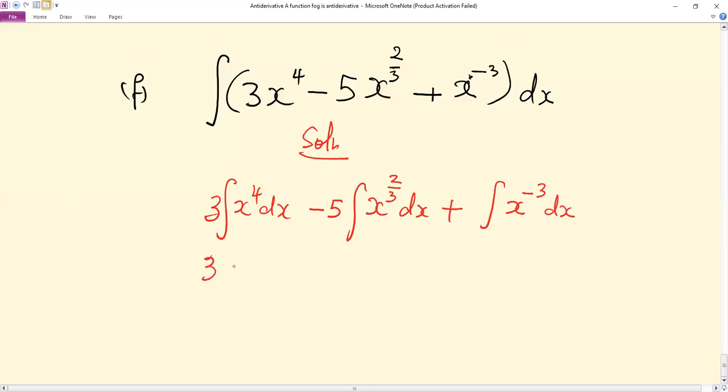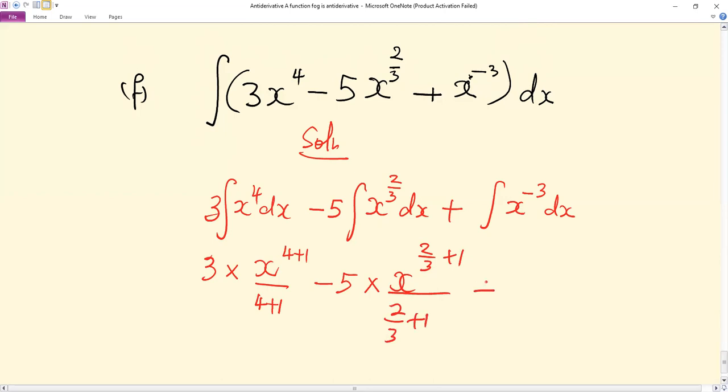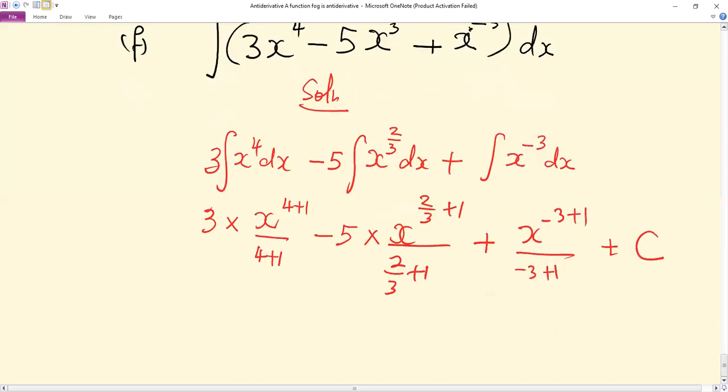So this will be 3 times x raised to the power 4 plus 1 over 4 plus 1, minus 5 times x raised to the power 2 over 3 plus 1 over 2 over 3 plus 1, plus x raised to the power minus 3 plus 1 over minus 3 plus 1, plus constant of integration c.